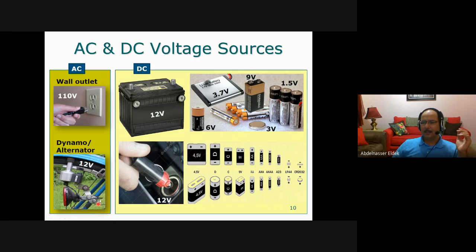Here is AC. The AC is the power you get from the wall. I believe that the power you get from the wall is 110. But I said that it's AC, and AC means variable. So what is this 110? 110 is the root mean square value of the sine wave.